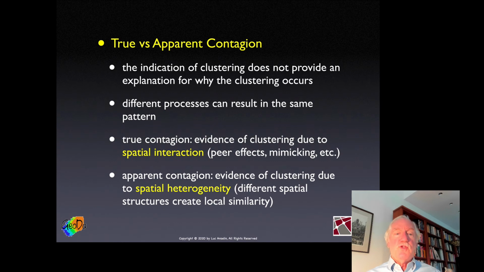One is called true contagion. That's a result of spatial interaction, peer effects, mimicking, the kind of thing you see in contagion with the flu or with COVID. That is, one person has it, gives it to the next person. And so they all went to the same party, so then you have a cluster of people with COVID or with the flu.